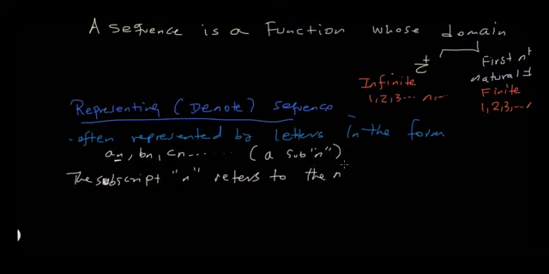So it tells us the position, like in this case we can say a sub 1, a sub 2, a sub 3, a sub 4, and so on. So the position of the element in the sequence is its rank or its index.